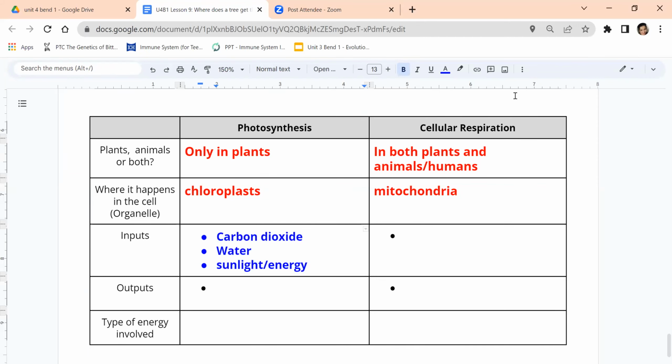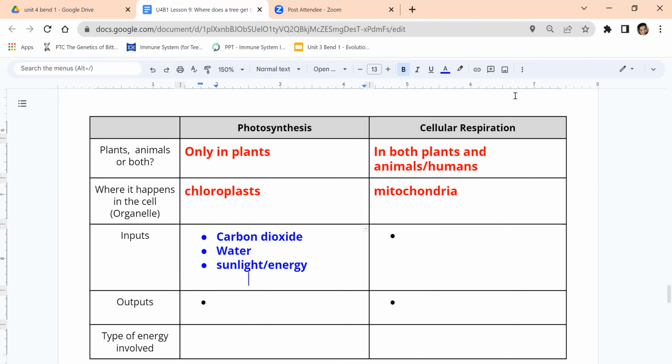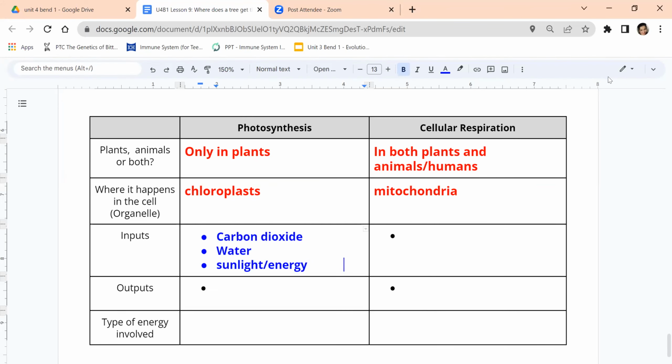What are the inputs for cellular respiration? Well, cellular respiration requires two things, which is glucose and oxygen.